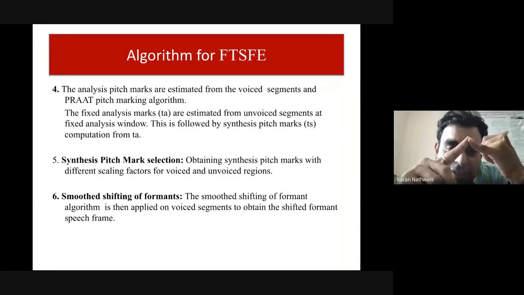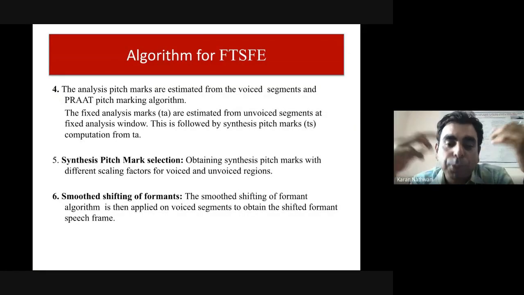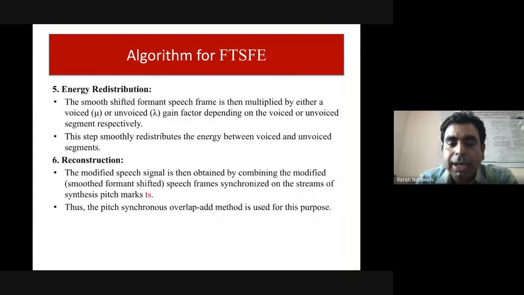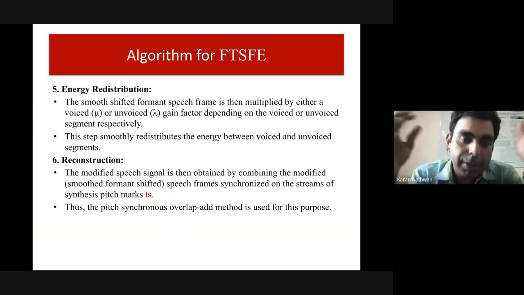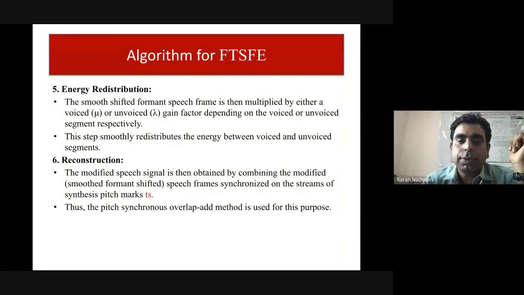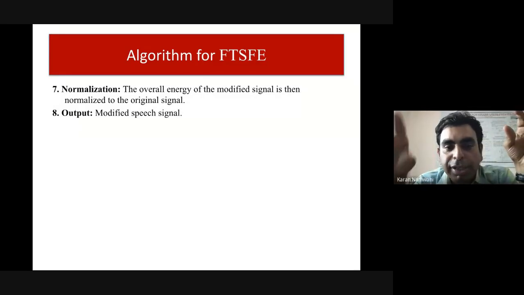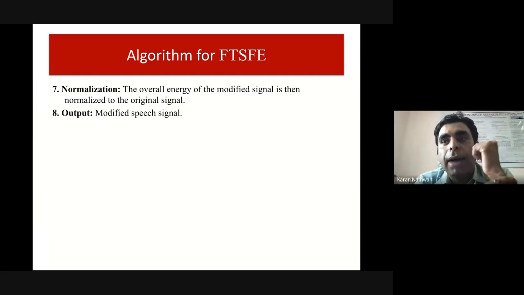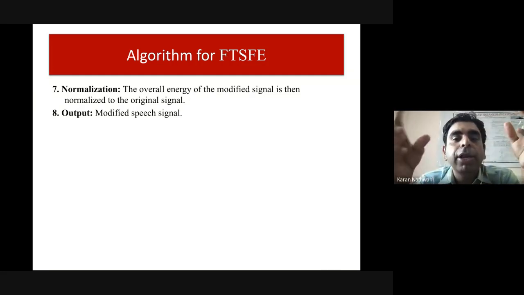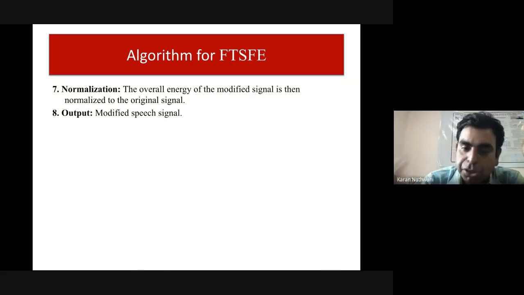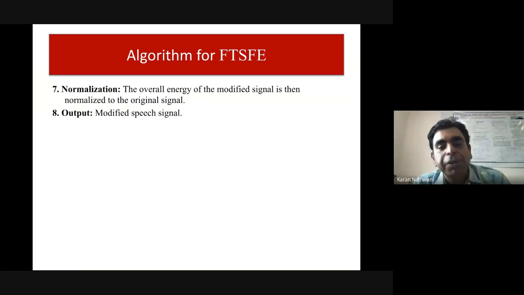Then I compute the synthesis pitch marks, and then I do the smoothing of the formants. After that, I do the energy redistribution because that is the last step. And then I do the reconstruction finally. And then I normalize the overall energy, because there you have smooth formant shifting. That's why I did the overall energy normalization. Finally, I get the modified speech signal.